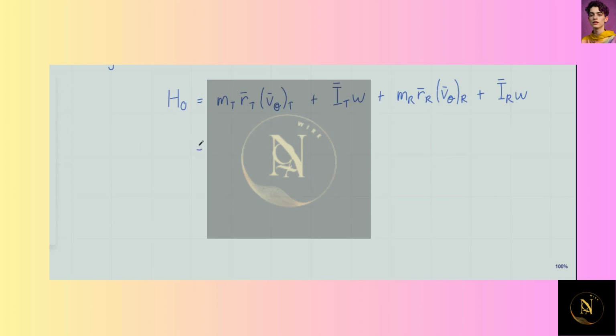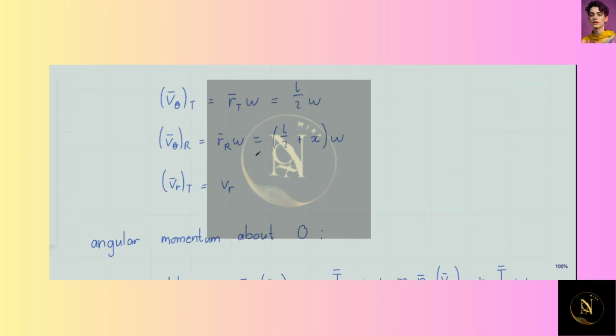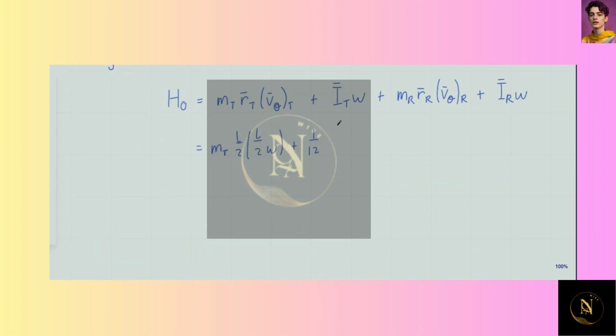And so this we can write, if we expand out our r times v values, we get this to be m_t, the mass of the tube, times L/2 times L/2 omega, plus 1/12. So all our expressions above for the moments of inertia and the velocities can now be substituted in here.